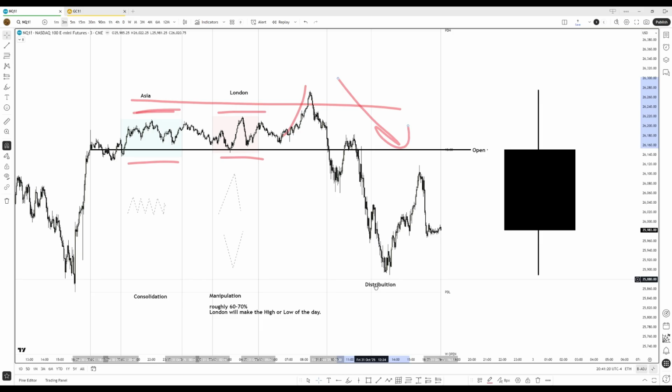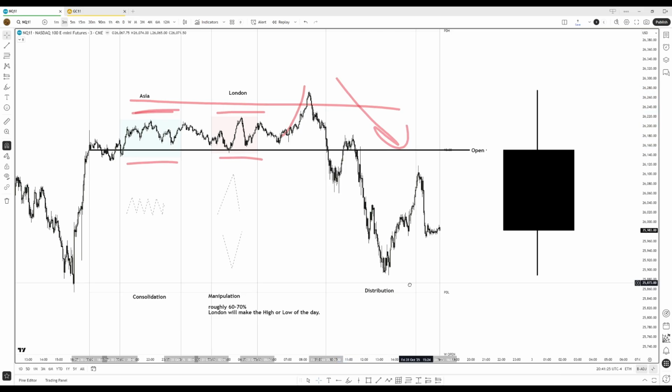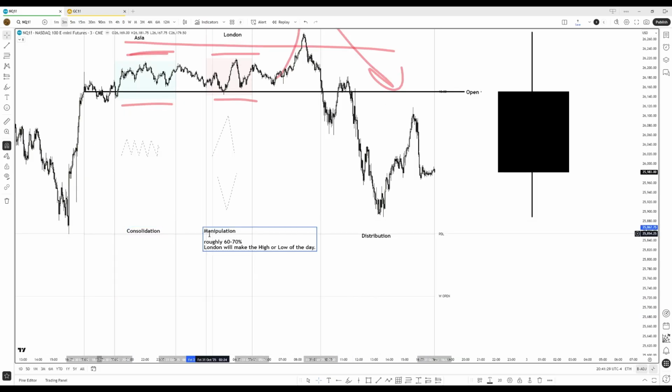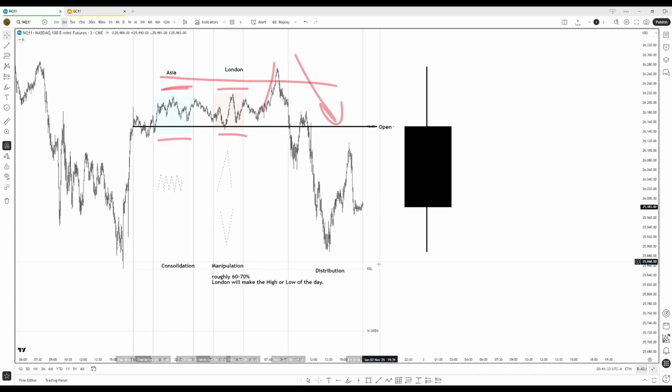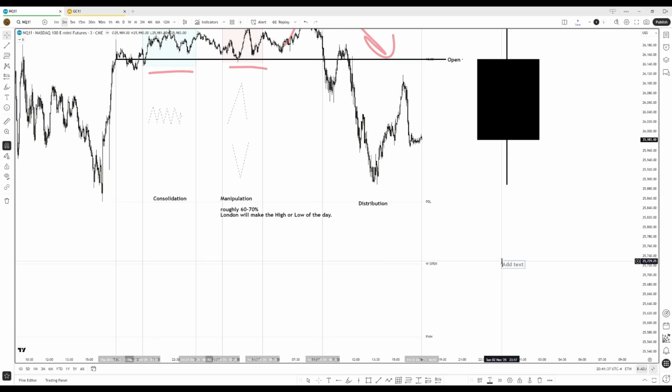So the distribution phase is the phase for New York, right? These three characteristics, consolidation, manipulation, distribution, are called the power of three.